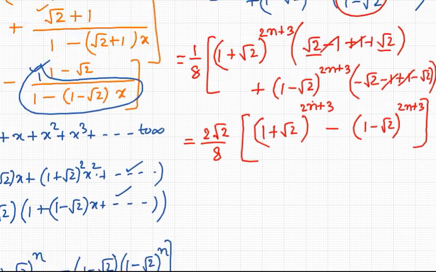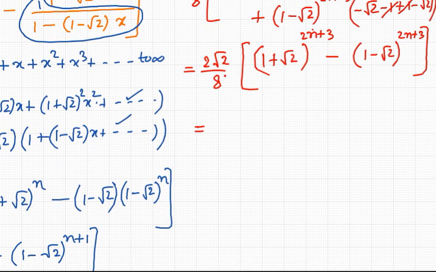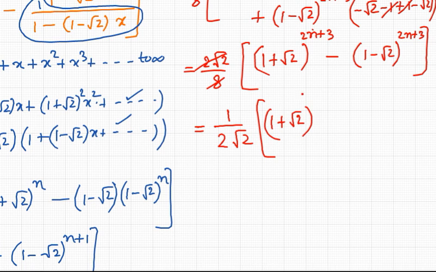So finally, 2 root 2 divided by 8 gives 1 by 2 root 2 into [(1 plus root 2) to the power 2n plus 2 plus 1 minus (1 minus root 2) to the power 2n plus 2 plus 1].